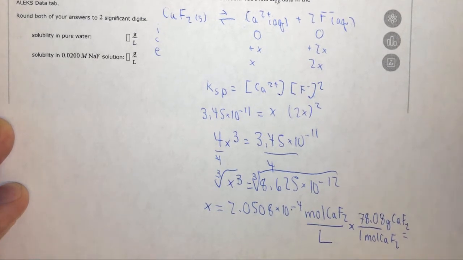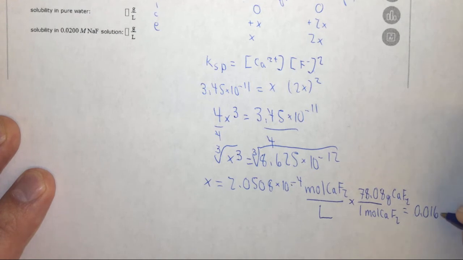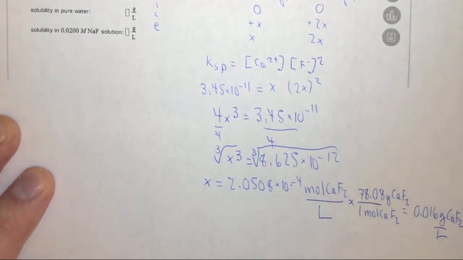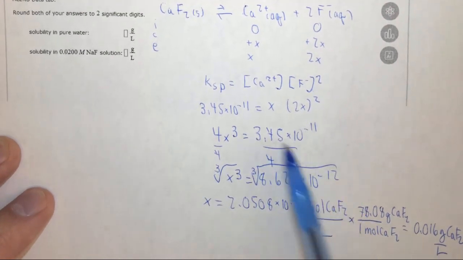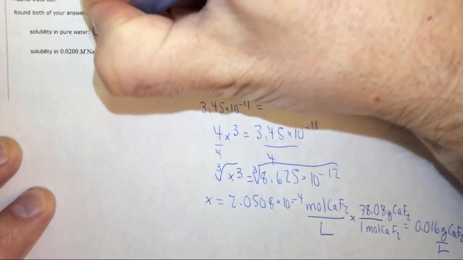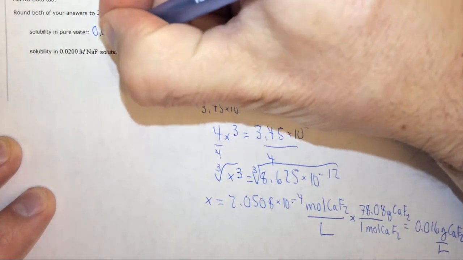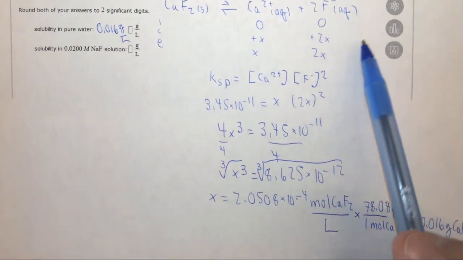And when you do all that math, you find that it's 0.016 grams per liter, grams of CaF2 per liter. So that is how we find the solubility in pure water, which again is 0.016 grams per liter.